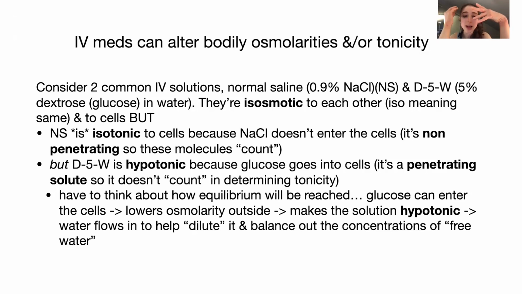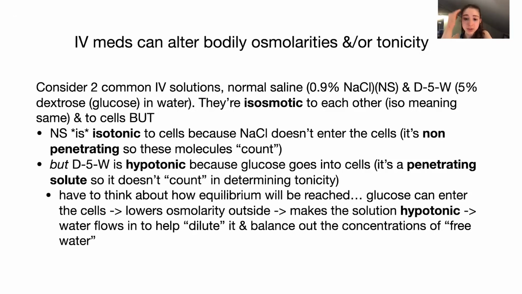But D5W is hypotonic because the glucose can enter the cells, so it's penetrating and it doesn't count when we're determining tonicity. So what's going to happen is if the glucose enters the cells, your solution is going to be more dilute outside of the cells. And so this is going to basically lower your osmolarity outside, even though you started with isoosmolar solutions.